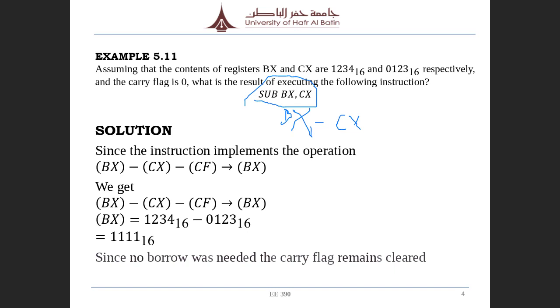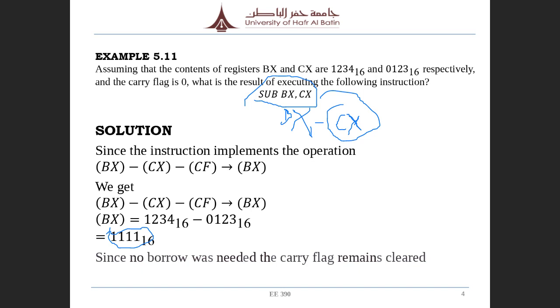BX is bigger than CX, so there will be no carry out, and the carry flag is reset. The subtraction result will be 1111, so the BX value will be 1111. There is no change in CX because CX is the second operand. The BX value changes, but the CX value does not.